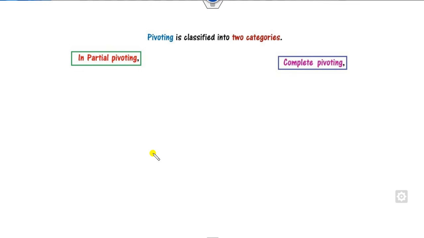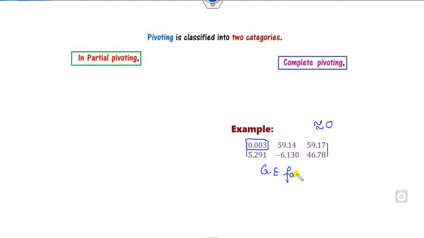This pivoting is divided into two categories. One is the partial and second is the complete. For example, here you can see the first diagonal entry is almost 0. Then the Gauss elimination method will fail to solve the problem. Then what you can do in the partial pivoting, look at the box element and look at all those elements in the particular column.